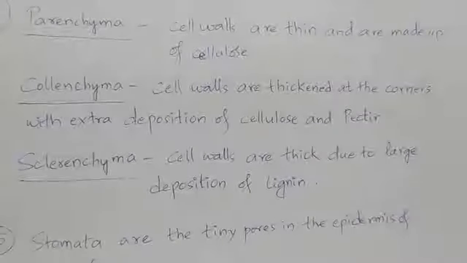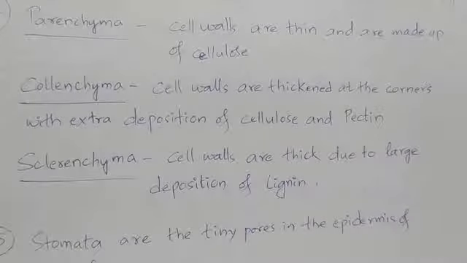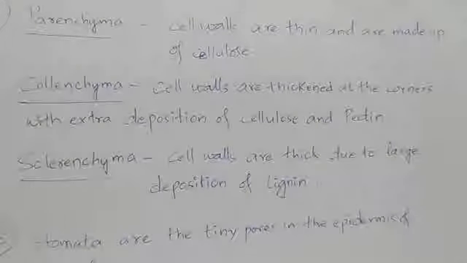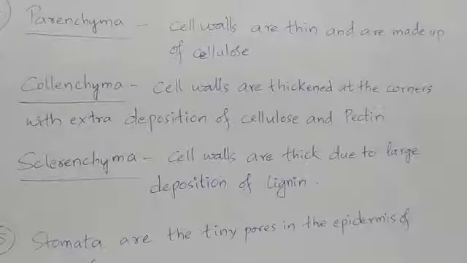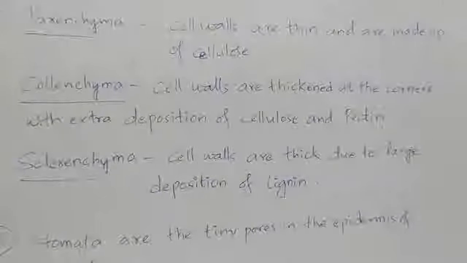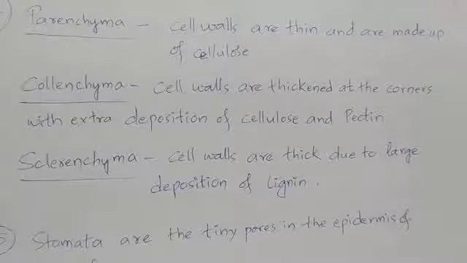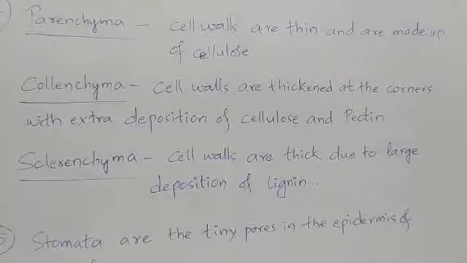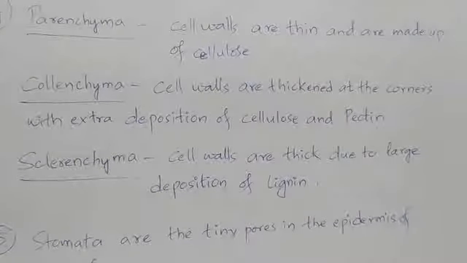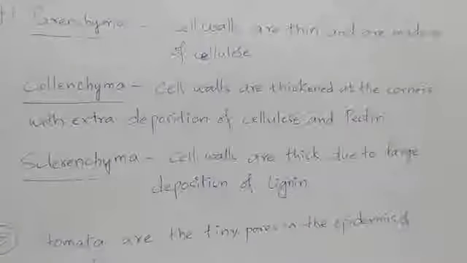Collenchyma, the cell walls are thickened at the corners. They are not even in all the area of the cell wall. Cell wall is not even in all the sides. At corners, the cell wall got thickened.